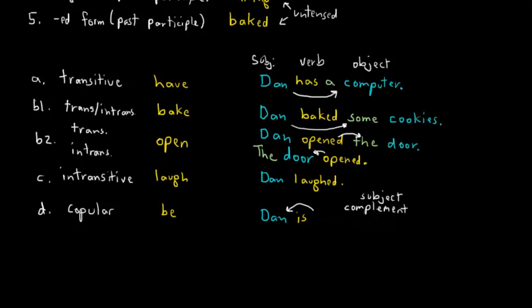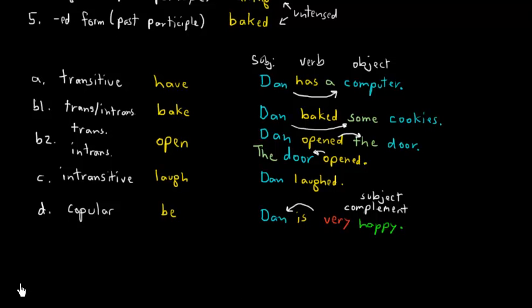Dan is very, use an adverb. Dan is very happy. He's either very happy he's an engineer or very happy he's not in Zimbabwe. Very happy he's in Virginia. So again, this is an adjective, and again, it's giving us more information about Dan.